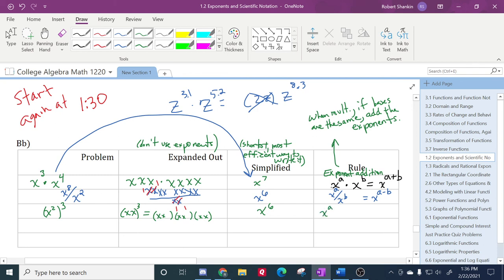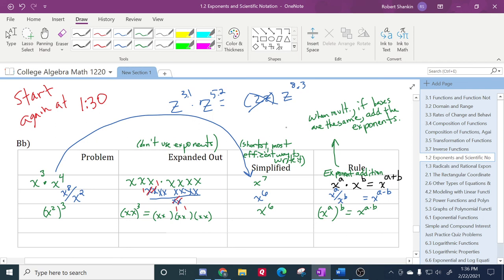And notice how this is different than the other one. The top one, there are 2 separate bases. There's only one base here, raised to 2 successive powers. x to the a times b.